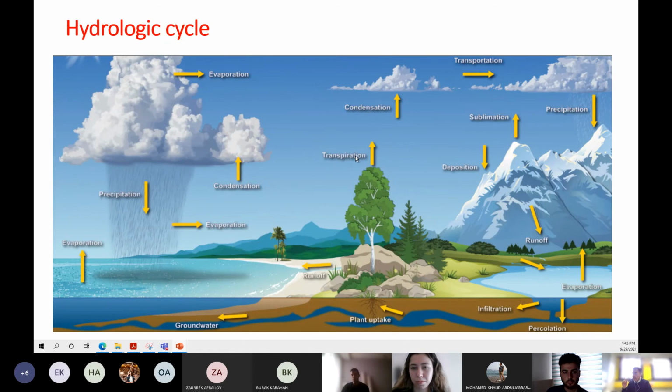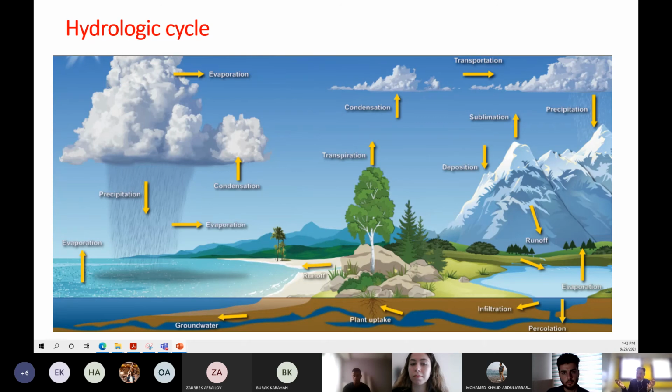Water available in the leaves and stems of trees, evaporated over time, is called transpiration. And it is also called transpiration for animals. And in general, both evaporation and transpiration processes are called evapotranspiration.